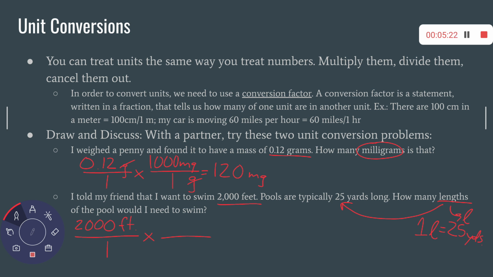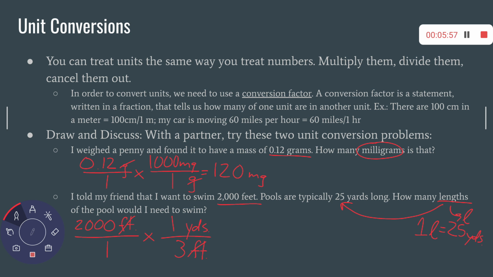I know I want to get rid of feet, so I'm going to put that unit on the bottom so that they can cancel out. And I know I want to get into the units of yards, so I'm going to put that on top. Now I just have to ask myself, what numbers should I fill in for my conversion factor? This one's a bit of a memory thing, but hopefully we know that 1 yard is 3 feet. There are 3 feet in 1 yard. So now my units of feet cancel, and I'm left in units of yards.